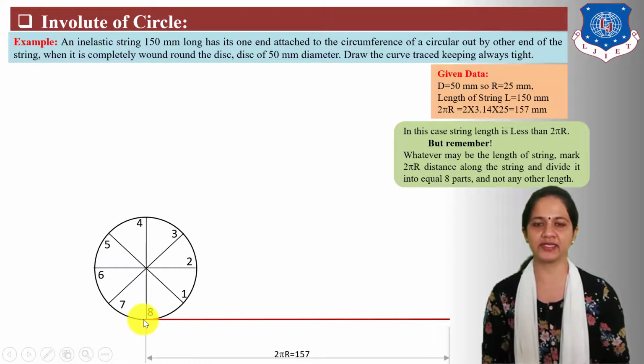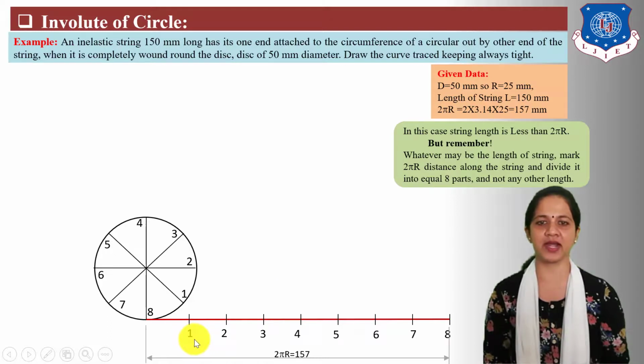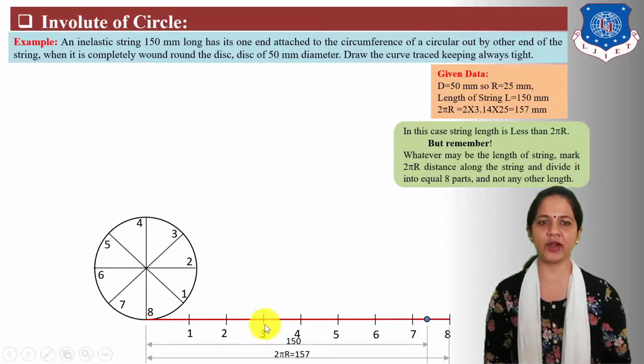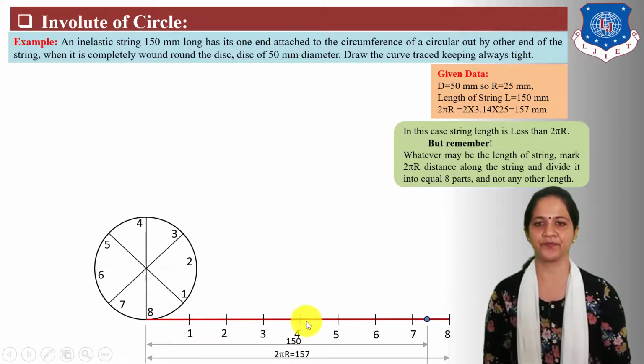1 to 8. Next, divide this 2 pi r length into equal 8 parts and mark here division points 1, 2, 3, 4, 5, 6, 7, 8. Next, locate the end point of the given length of string, which is 150 mm. Now here, the involute is traced by the end point of the 150 mm length string.